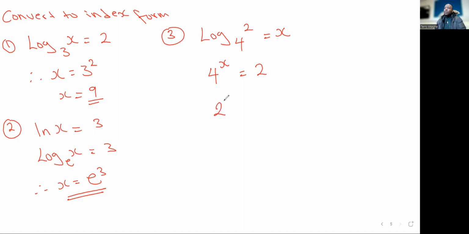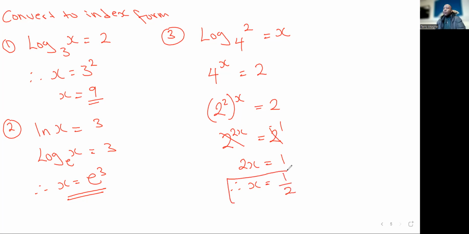The same thing as 2 raised to power 2x is equal to 2, okay? 2 raised to power 2x is equal to 2 raised to power 1. So because they have the same base, so that's the next law we were talking about in the next video. That's law 14. So I'm going to show you that when the bases are the same, they can cancel out. So 2x is going to be equal to 1. So therefore, x is equal to what? Divide both sides by 2, 1 over 2.